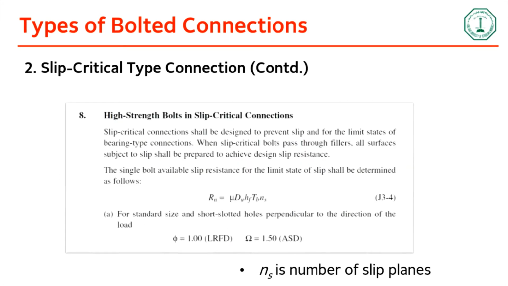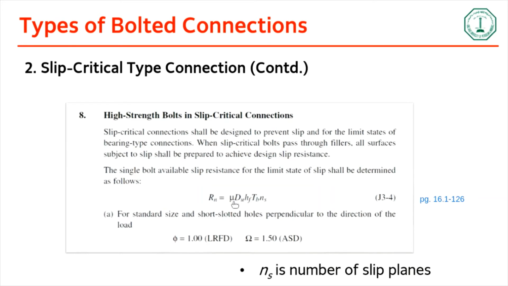Now, for calculating the strength of a bolt in a slip critical connection, we have, on page 16.1-126. So this is straightforward because these are a few values.